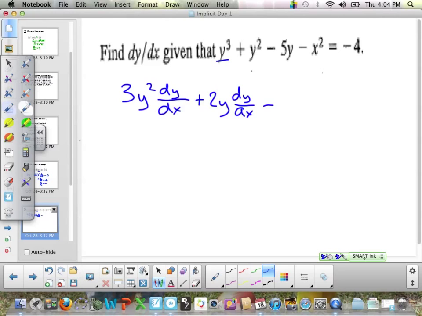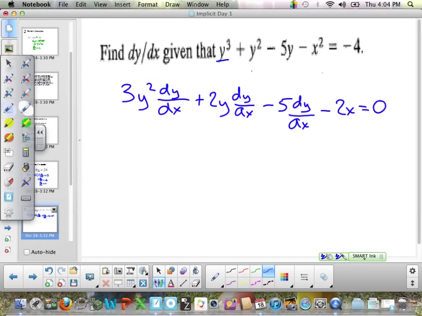Minus derivative of 5 times the variable is 5, and then using the chain rule, there's a y there, derivative of that is dy/dx. Minus, now x is the variable we're with respect to, so we can just go 2x equals the derivative of negative 4, which is 0.